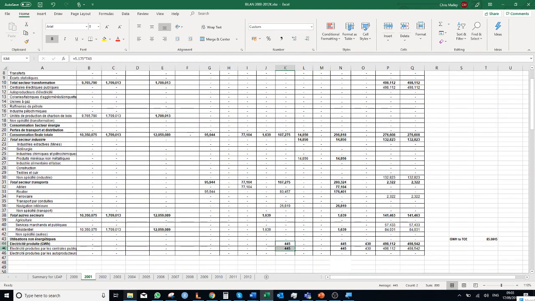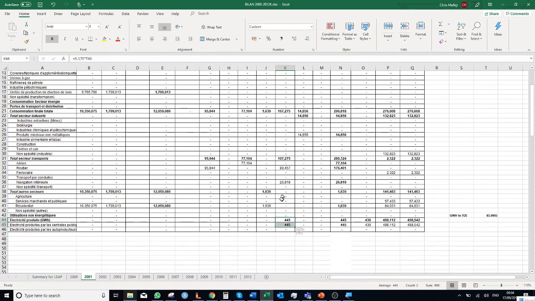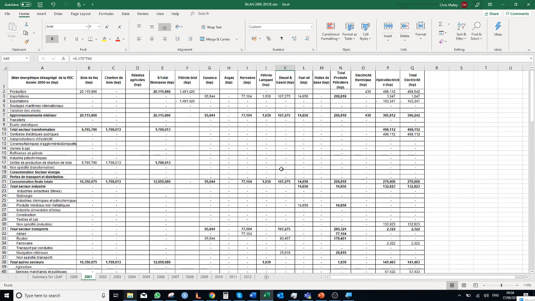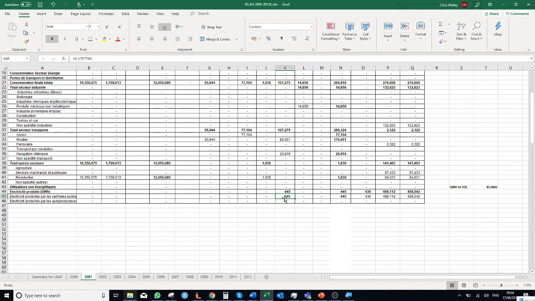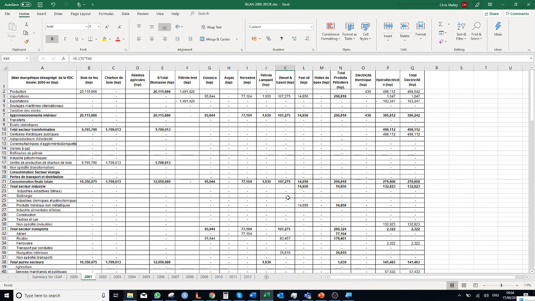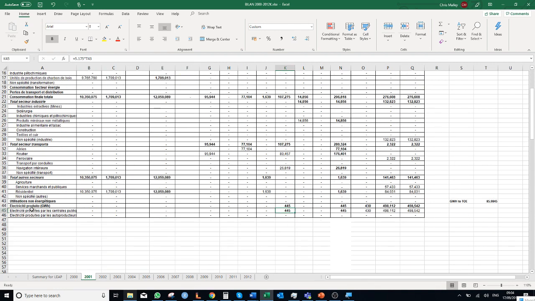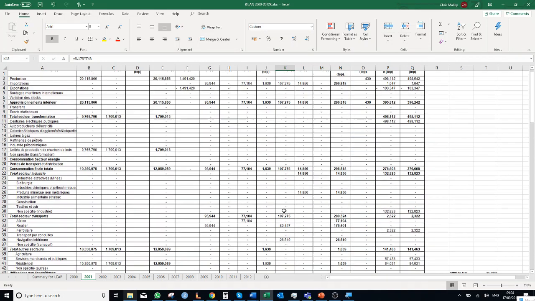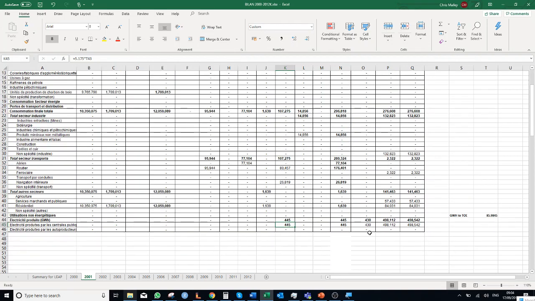and I look at the amount of electricity produced using diesel, it is listed as 445 tons of oil equivalent.